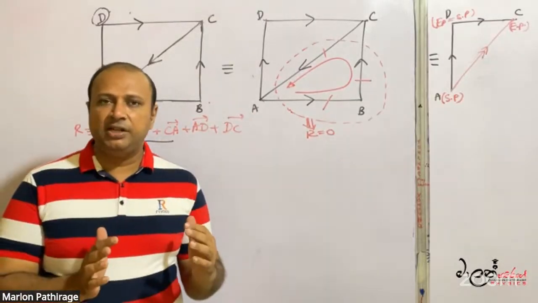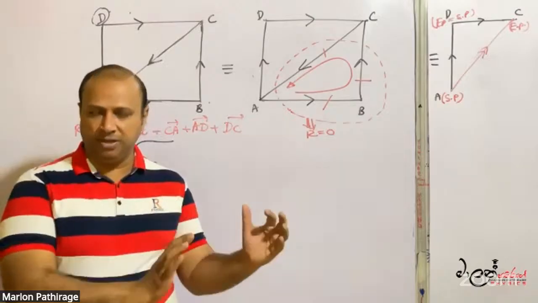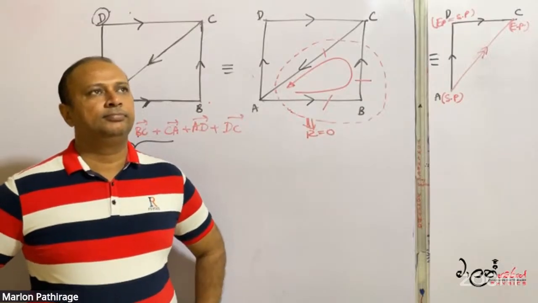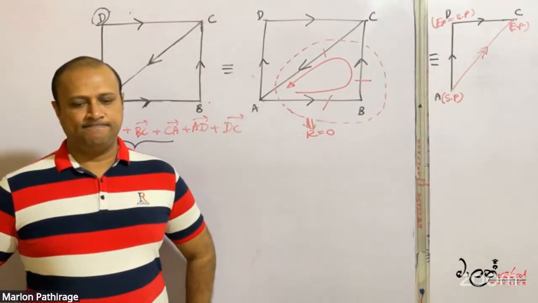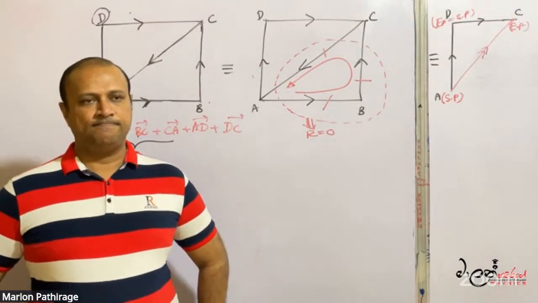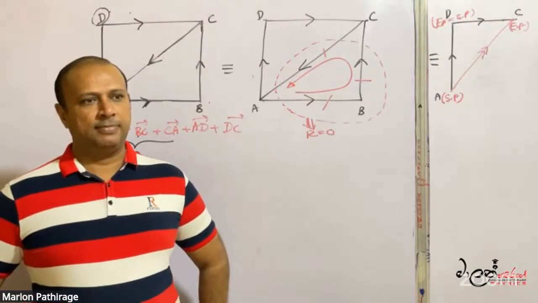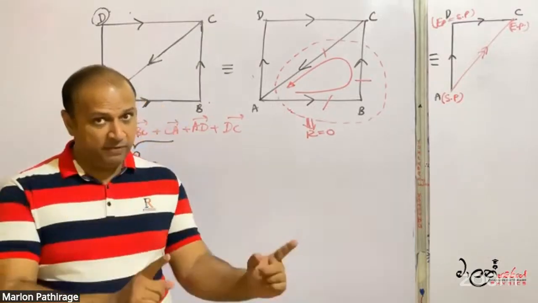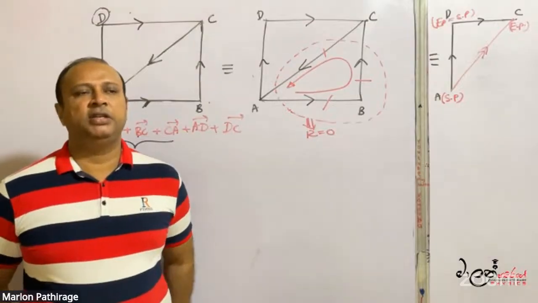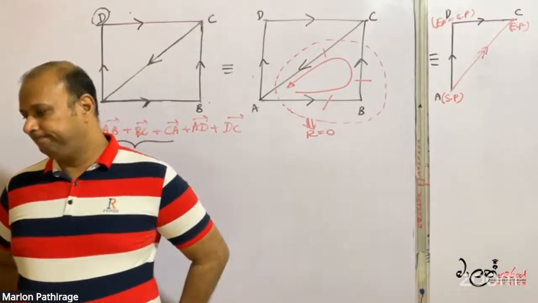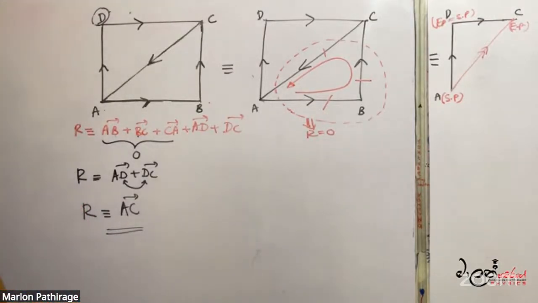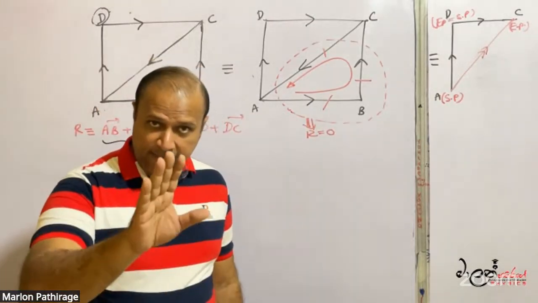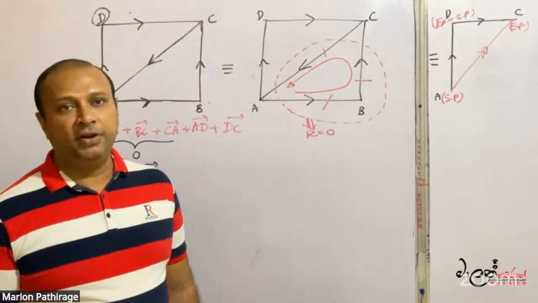The resultant vector means the single vector that can replace the vector system.